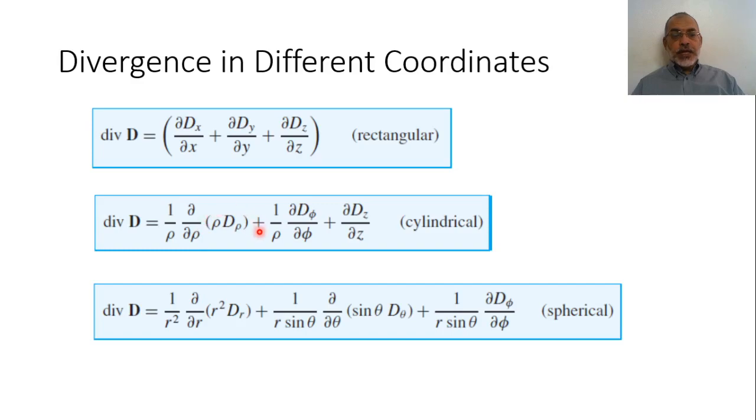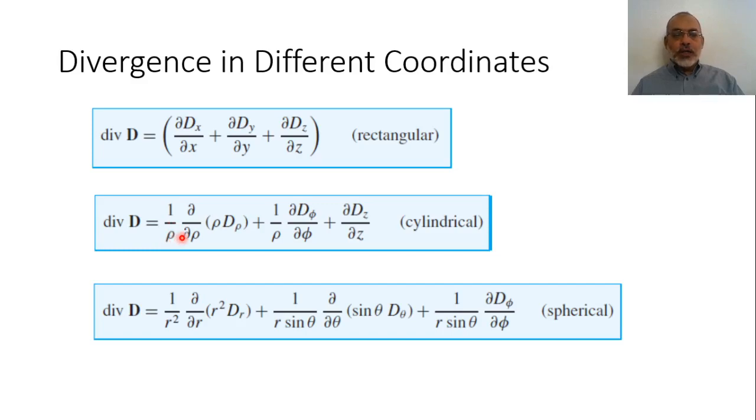Take care, in this case, we have the rho component of the electric flux density. We first multiply it by rho, and after multiplying it by rho, we take the derivative of this component with respect to rho. And after taking the derivative, we divide this by rho.